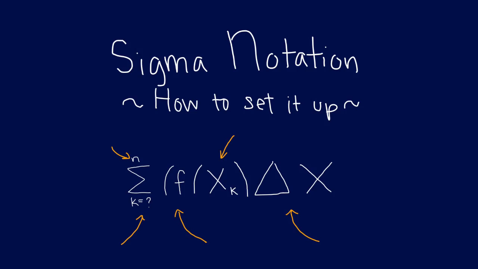Also, above the sigma symbol, we plug in a 7, and below it we will set k equal to 0 for the left endpoint rectangle's sigma notation. For our right endpoint rectangle's sigma notation, we will plug in an 8 above the sigma, and below it set k equal to 1. Important rule, your right endpoint rectangle will always start at 1.